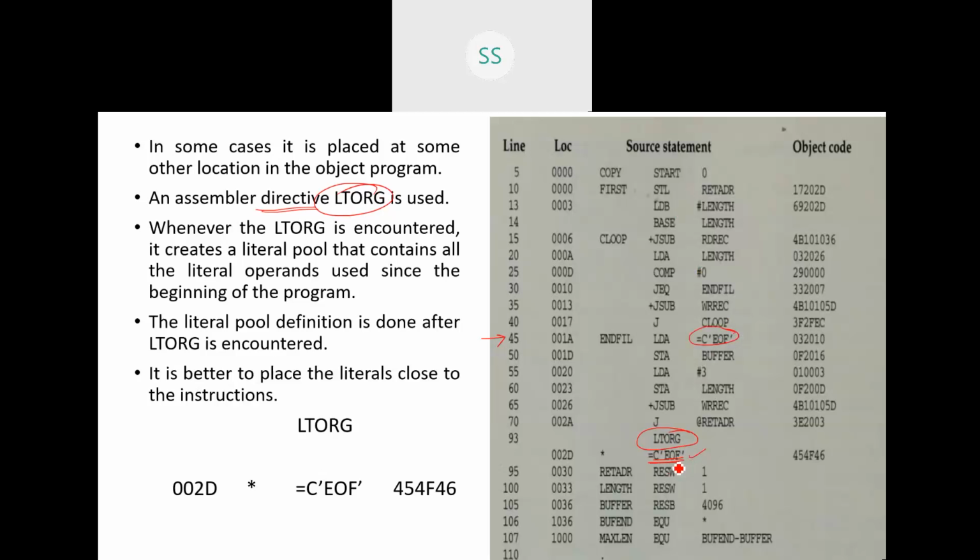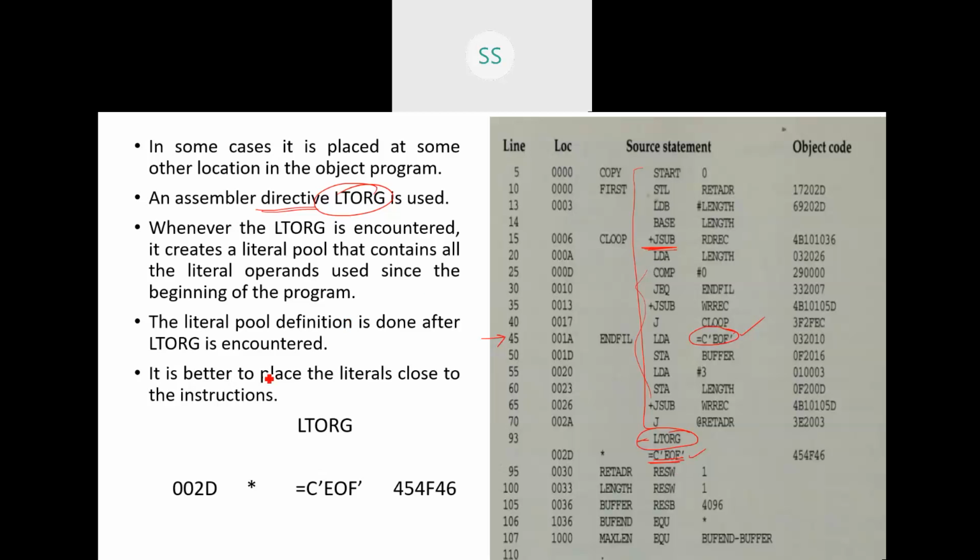Okay, it contains all the literal operands which has been used since the beginning of the program or the last literal assembler directive that you have seen. ഇപ്പോൾ ഇതിന് മുമ്പ് ഞാൻ ഇതിൻ്റെ ഇടയ്ക്ക് ഏതെങ്കിലും LTORG യൂസ് ചെയ്തിട്ടുണ്ടെങ്കിൽ ആ LTORGഉം ഈ LTORGഇൻ്റെ ഇടയ്ക്ക് വരുന്ന ഈ ഇങ്ങനത്തെ ലിറ്ററൽസിൻ്റെ ഡെഫിനേഷൻ ആയിരിക്കും ഇവിടെ കാണുന്നത്. ഓക്കെ, now as it is a start of the program, നമുക്ക് വേറെ ഒരു LTORG ഇല്ലാത്തതുകൊണ്ട് it will check from here itself. ഓക്കെ, അപ്പോൾ അത്രയും ഏരിയയിൽ ചെക്ക് ചെയ്യും. If you have any literal, അതിനെ കുറിച്ചുള്ള ഇൻഫർമേഷൻ ആയിരിക്കും അതിൻ്റെ ശേഷം പ്രൊവൈഡ് ചെയ്തിരിക്കുക.